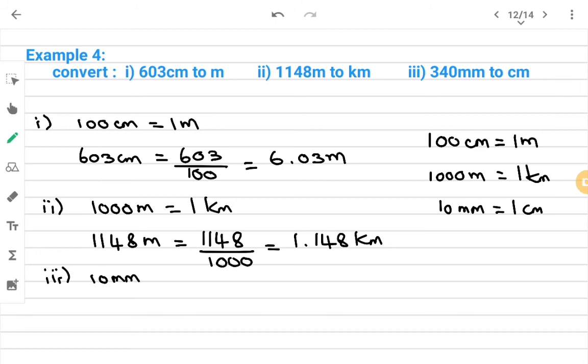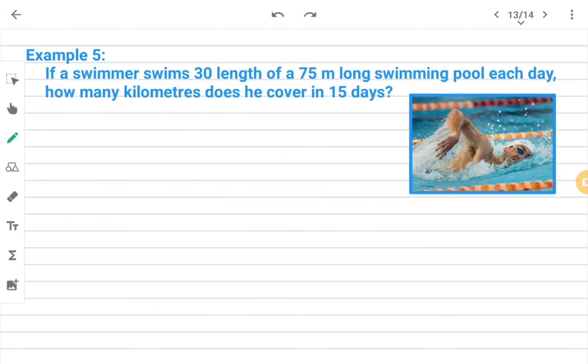Here they given 340 millimeter. Here also you are going to divide it. That is 340 by 10. So this 0 and this 0 will get cancelled. You will get 34 centimeter. Okay? Fine.